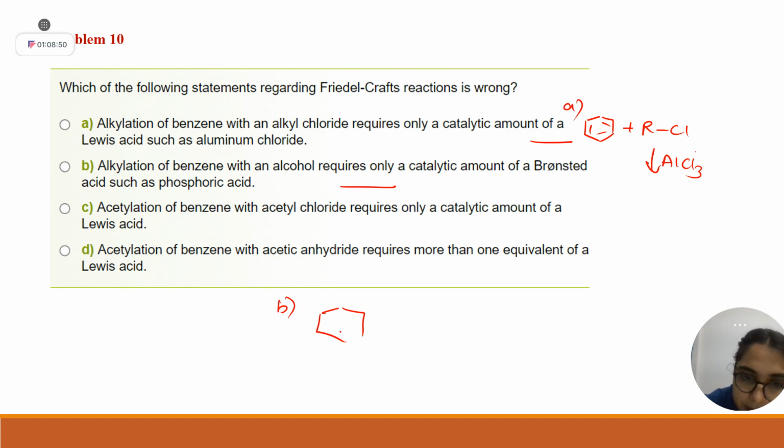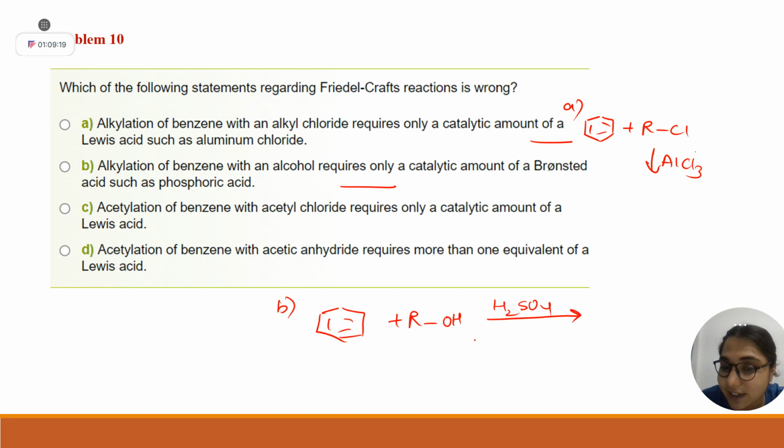In option number B, you are having benzene, you are having alcohol and a catalytic amount of Bronsted acid. In this case, can anyone tell me which is your active electrophile? R plus, ma'am.